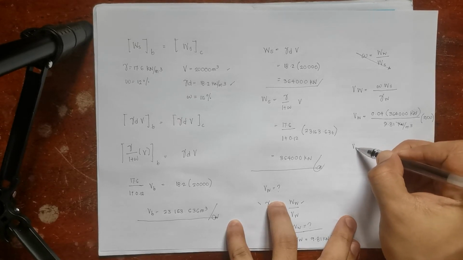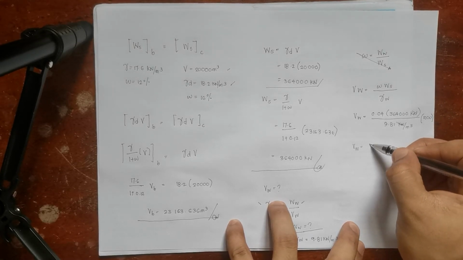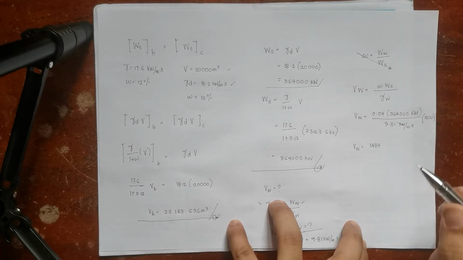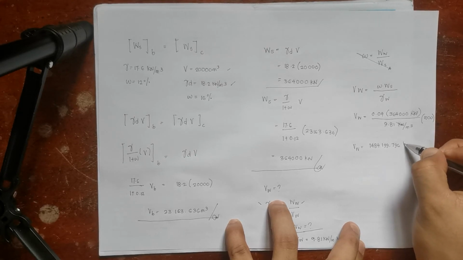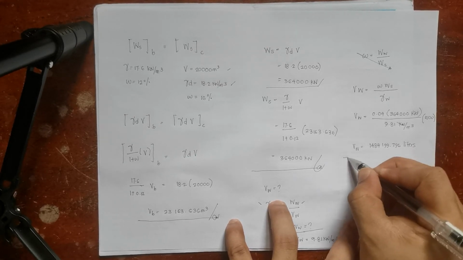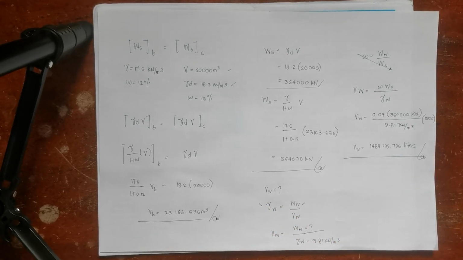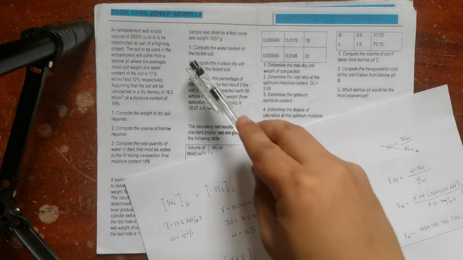And yung maging unit natin is in terms of liters. So, the final answer would be 1,484,199.796 liters. And that will be the answers for the given problem, which is problem number 1.